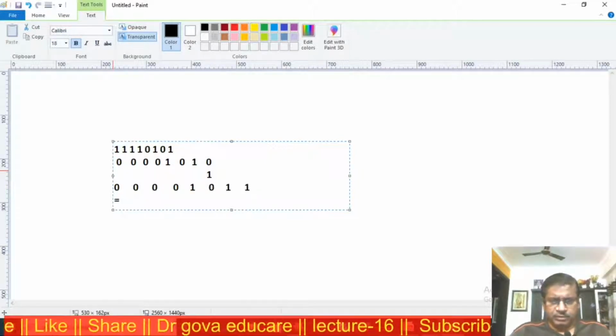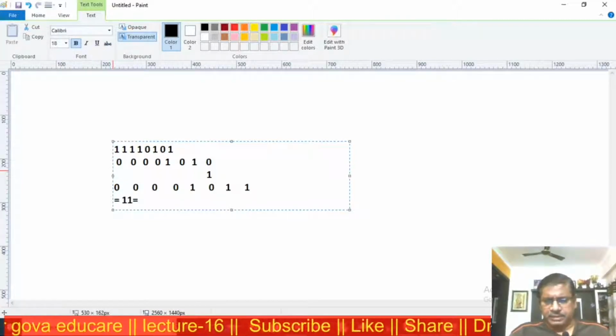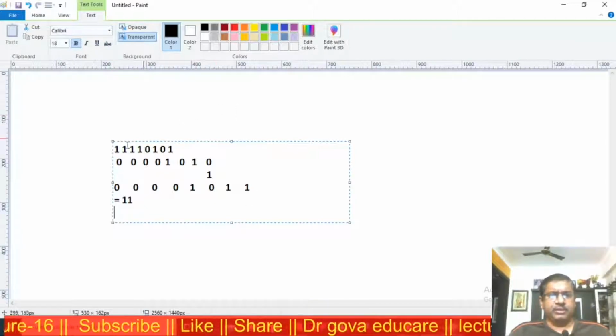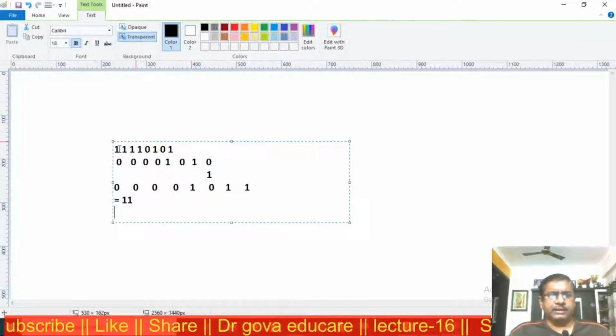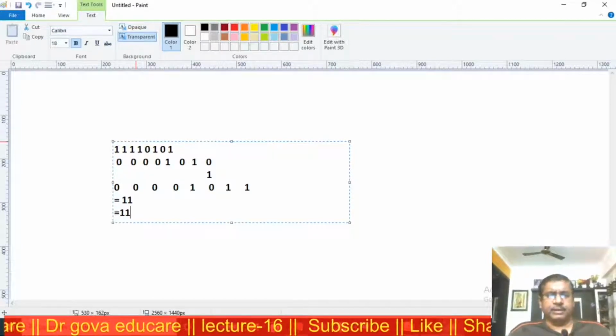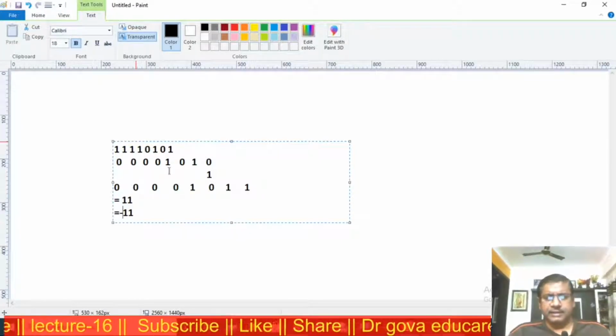This is equal to 11. But the MSB bit is 1, that is minus 1, so minus 11. Now this is the original answer, minus 11.